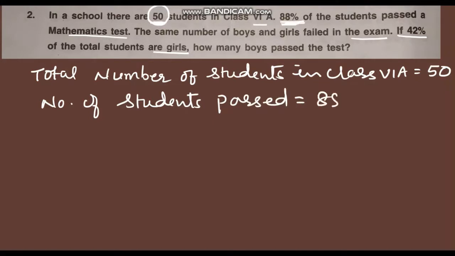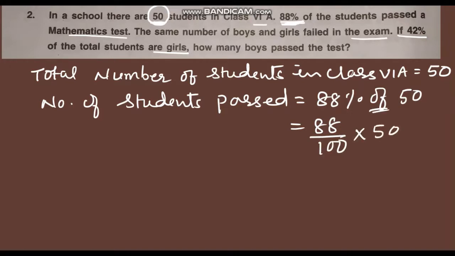So, 88% of 50, because there were 50 students. So, first let us calculate how many passed. So, 88% means 88 by 100 multiplied by, of means multiplied by, and 50. Now you know 50 ones are 50 and 5 twos are 100, and 2 ones are 2 and 2 forty-fours are 88. So 44 students passed the maths test.